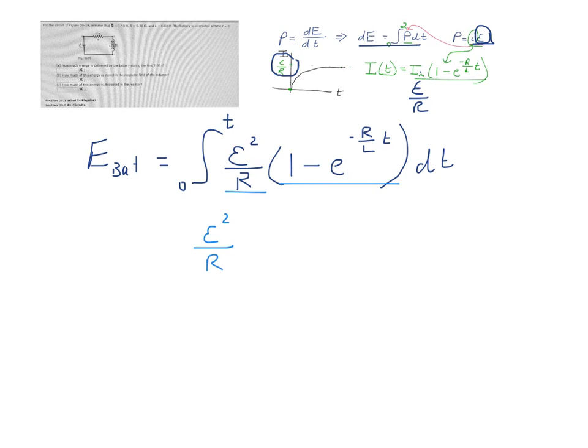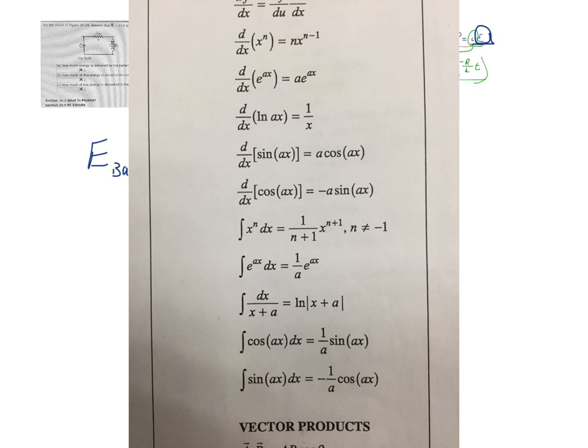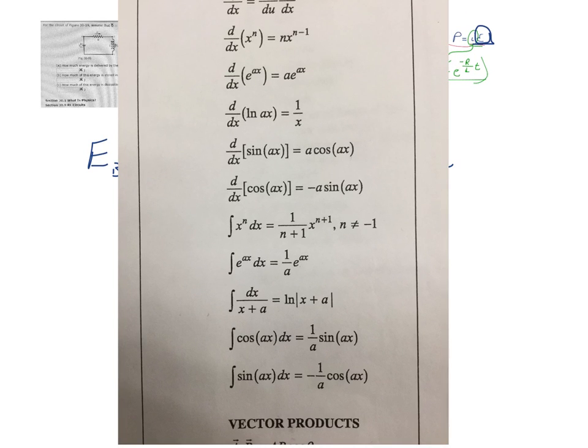So the integral of 1 with respect to time is t. For the integral of e to the negative R over L times t, we can see from our equation sheet they give us that this is the integral right here.